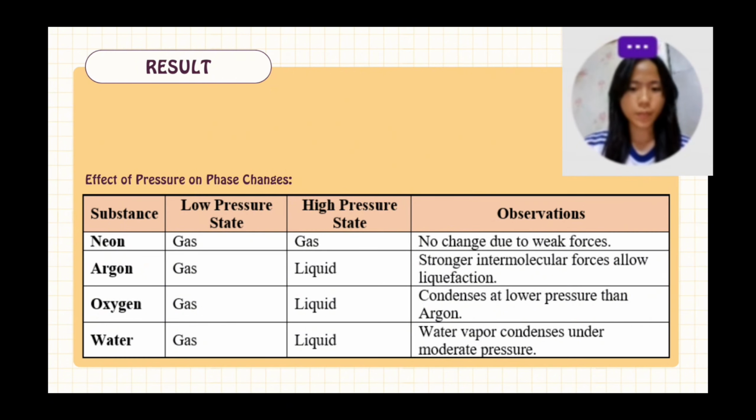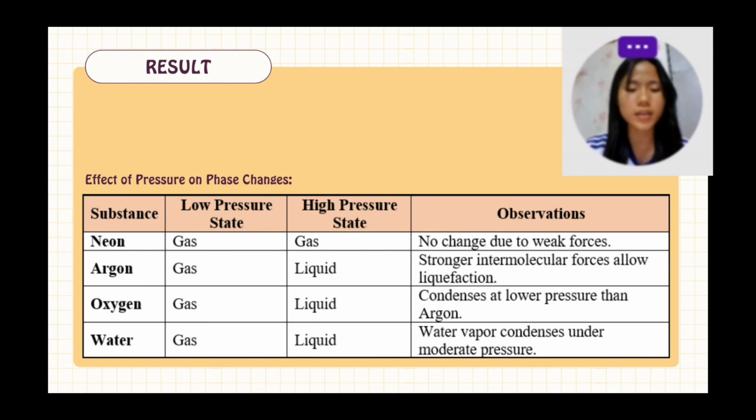Here is a summary of how pressure affects phase transitions for the substances we observed. As for neon, even with increased pressure, neon will remain in the gaseous state due to its very weak intermolecular forces. The pressure is not enough to bring its particles close enough for condensation to occur.